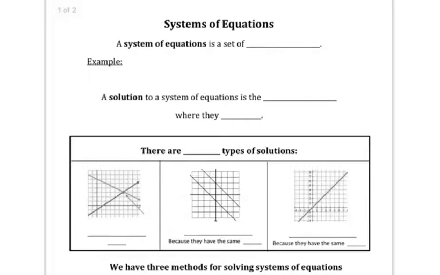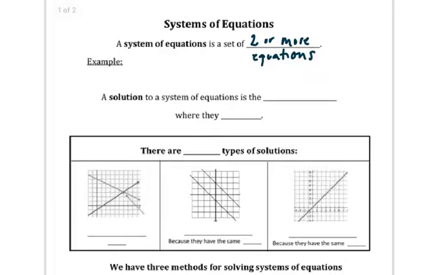A system of equations is a set of two or more equations. So instead of just graphing one line, in this unit we are going to graph two lines.